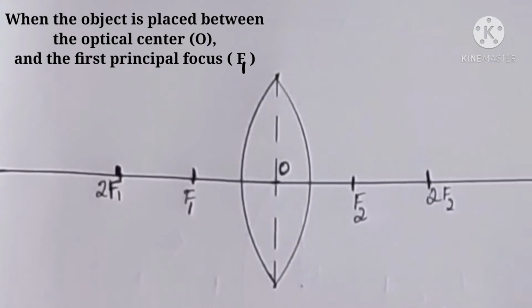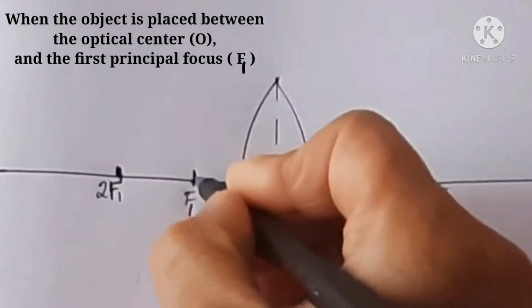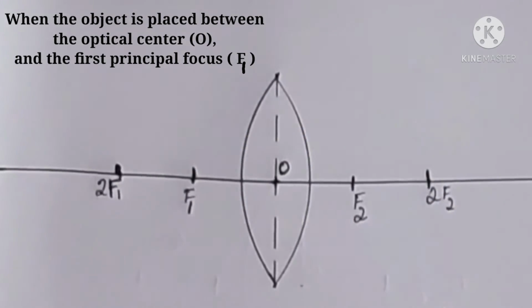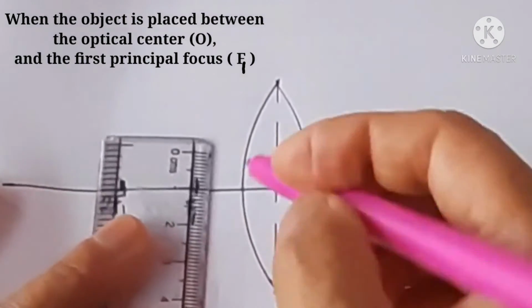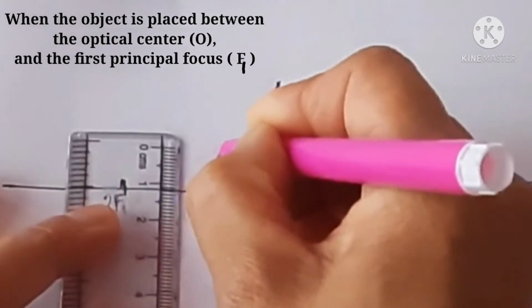Next, you are asked to place the object between the optical center and the first principal focus. That means you have to place the object between O and F1. This time I will again choose the height of the object as 1 centimeter, like that.